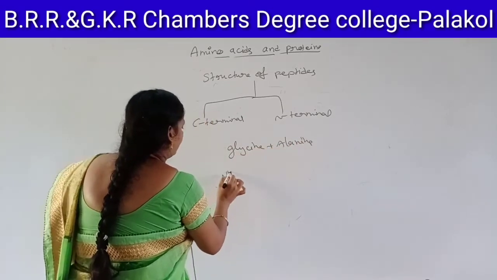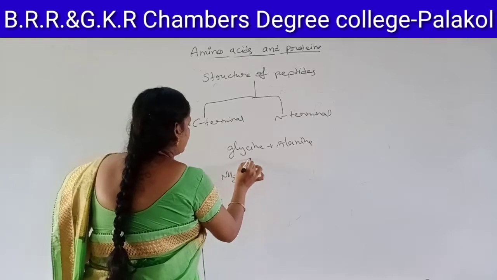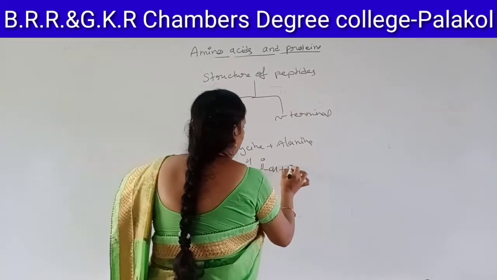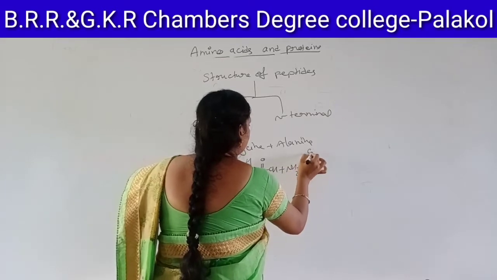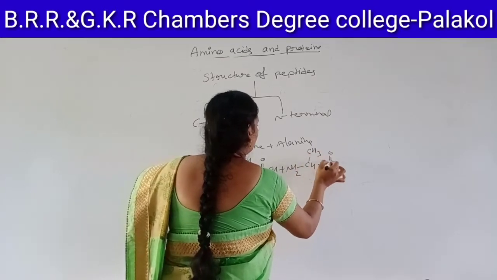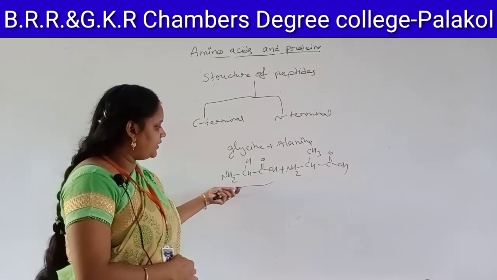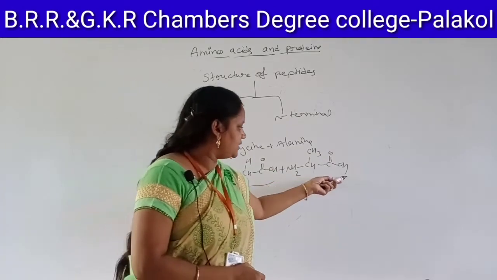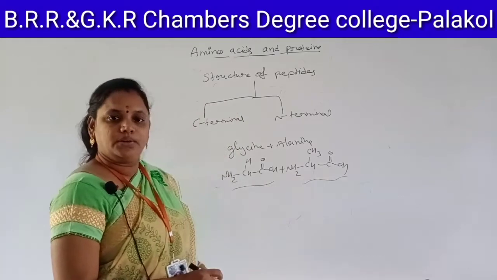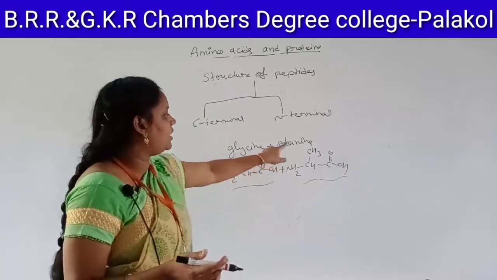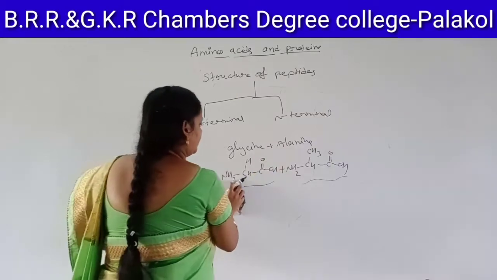So here NH2 CH2 C double bond OH plus NH2 CH CH3 C double bond OH. Students, this is the structural formula of glycine and this is the structural formula of alanine. Do you remember? No? The H will be replaced by CH3, then it is called alanine, right?